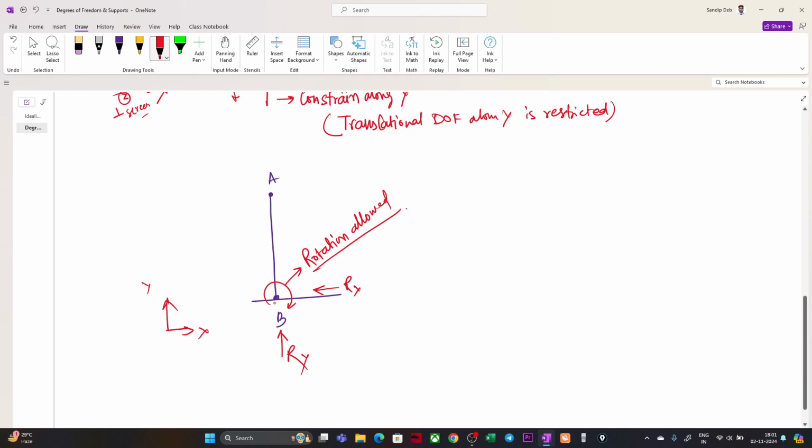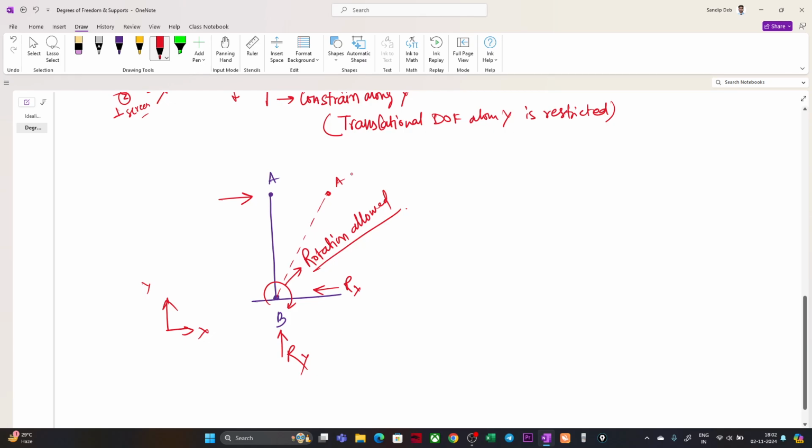If I apply a force at this point, this will not translate along X, this will not translate along Y, but this will rotate like this.